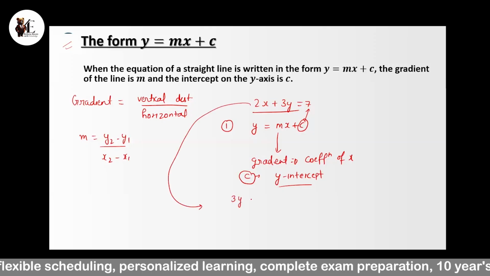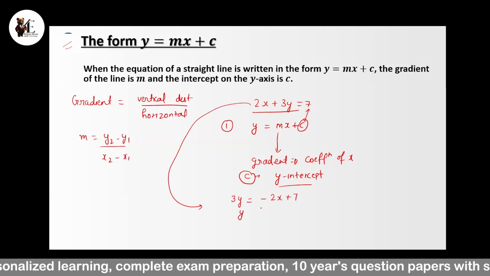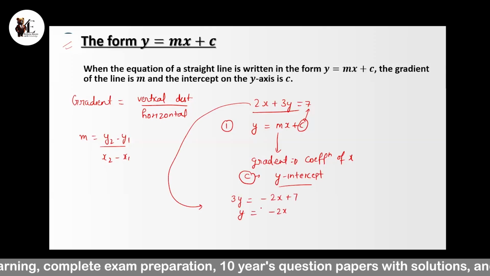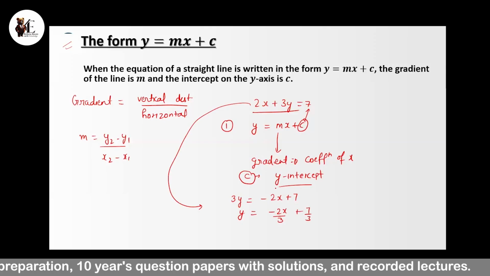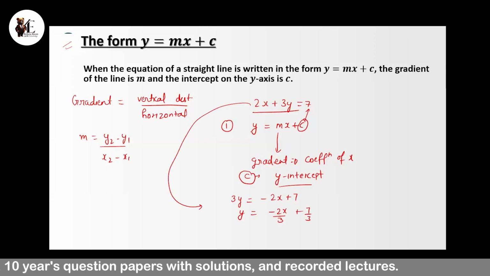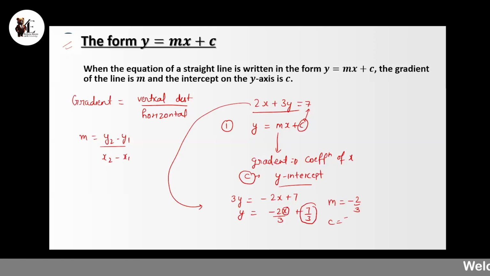So 3y is equal to minus 2x plus 7, or I can write y is equal to minus 2x over 3 plus 7 over 3. Now I have written this equation in the form y is equal to mx plus c. So the gradient will be the coefficient of x. Coefficient of x is minus 2 over 3, and c, that is the constant term or y-intercept, is 7 over 3.